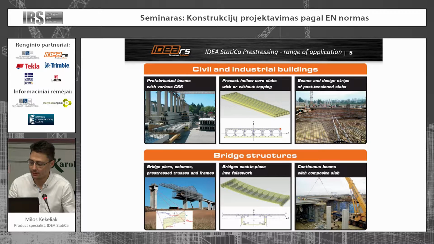That is quite frequent nowadays. In case of bridge structures, we can design and analyze the bridge piers, columns, and pre-stressed elements of bridge structures, or bridges cast in place or cast in situ into false work. Very important group of structures are the continuous beams with composite slabs.